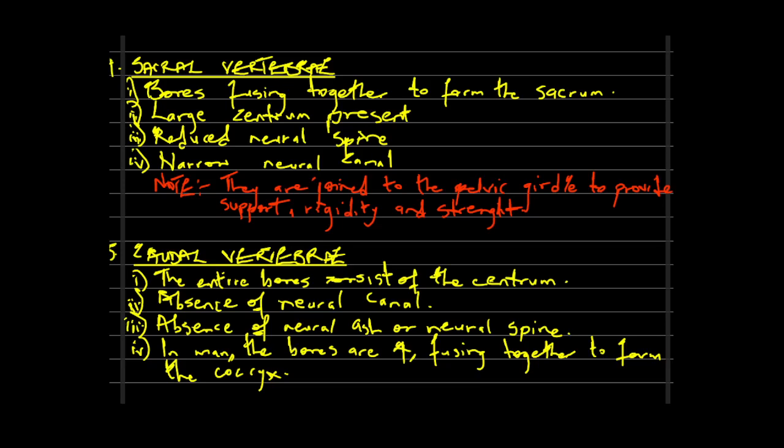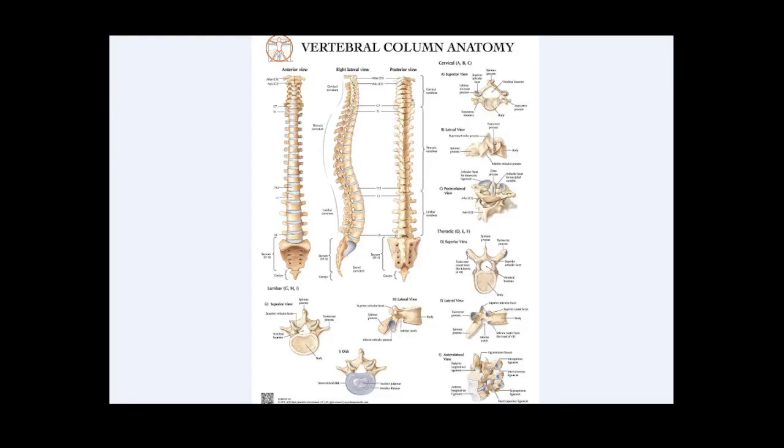So that is what we have for the characteristics of the vertebrae. If we look closely here, this is how some of the vertebrae look. Let me use the pointer so you get me right. Here we have the cervical vertebrae.